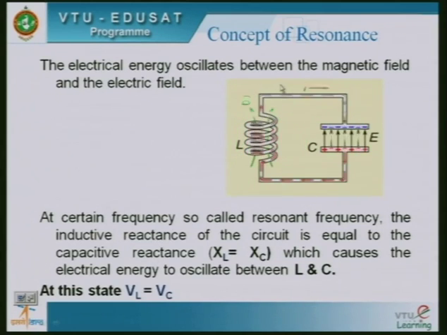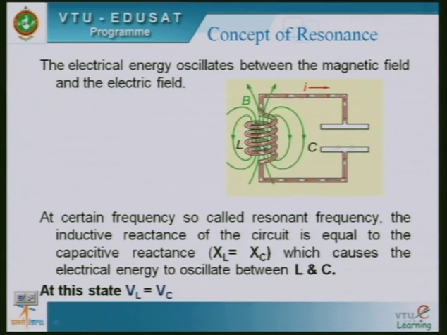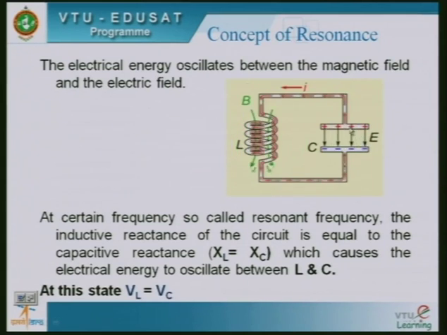I will repeat: the magnetic field is generated in the inductor due to the current provided by the discharging capacitor. At the same time, the capacitor stores energy in the form of electric field by the current produced by the inductor, the collapsing magnetic field.